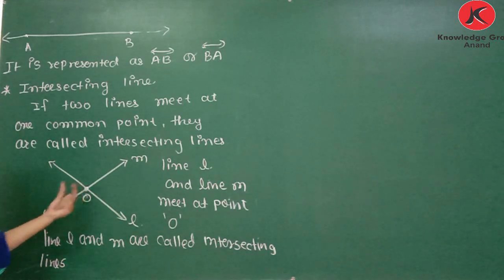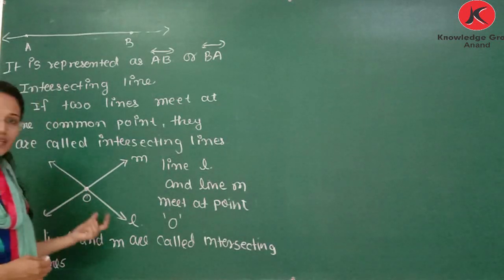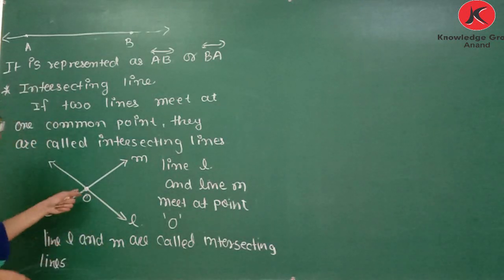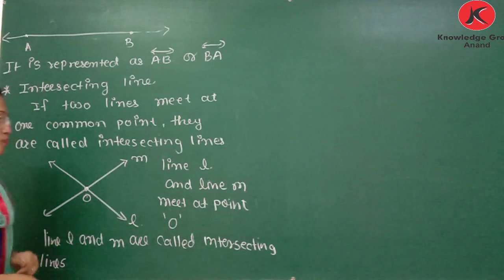If two lines meet at one point, two lines meet at one place, that is called intersecting lines. Here O is the intersecting point. O is called the intersecting point.